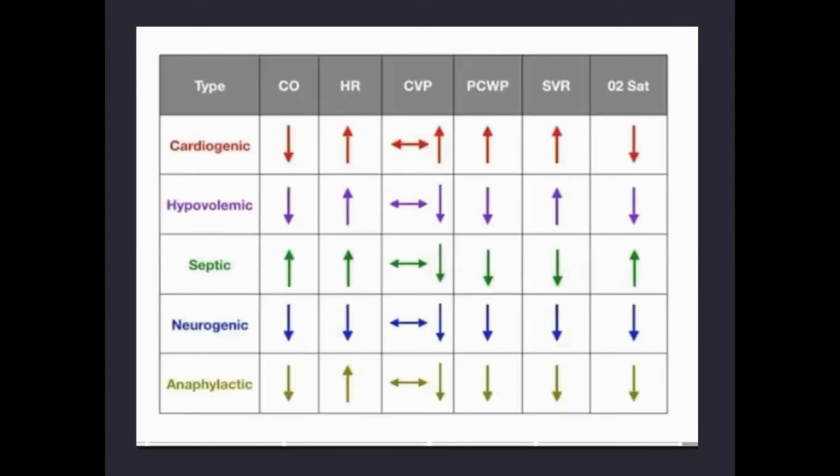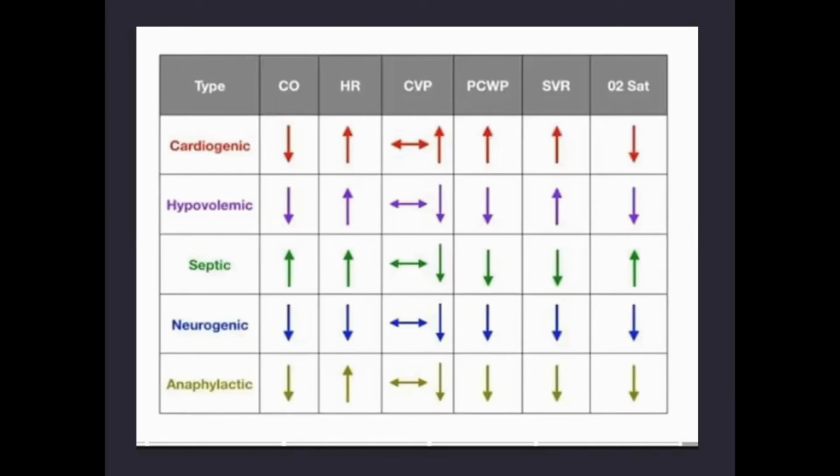Now, moving towards the table for hypovolemic shock, you know that cardiac output decreases simply because there is not enough volume and not enough cardiac output to pump. That is the reason cardiac output decreases. Heart rate is also increasing, for reflex tachycardia due to decreased cardiac output and decreased blood pressure.